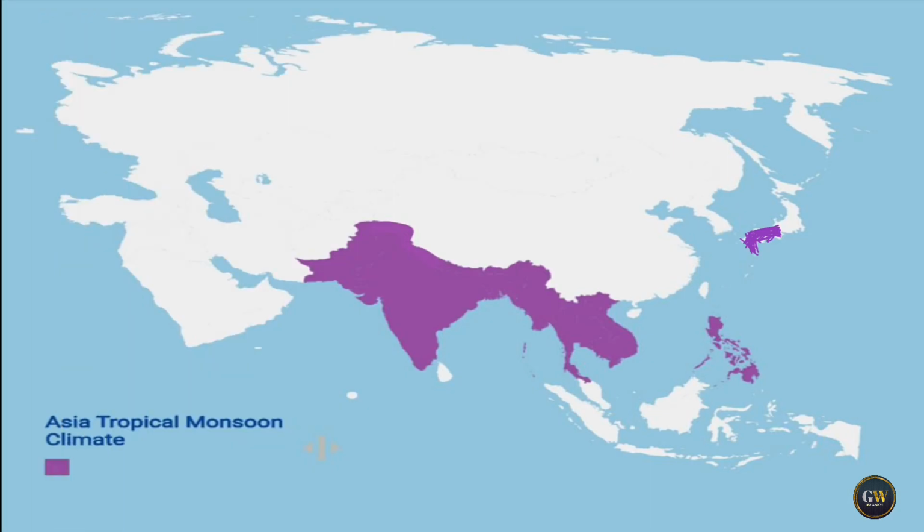Here in this map, this is our Indian Ocean and this is the Pacific Ocean, and the moisture-laden winds blow from south to the northward side.